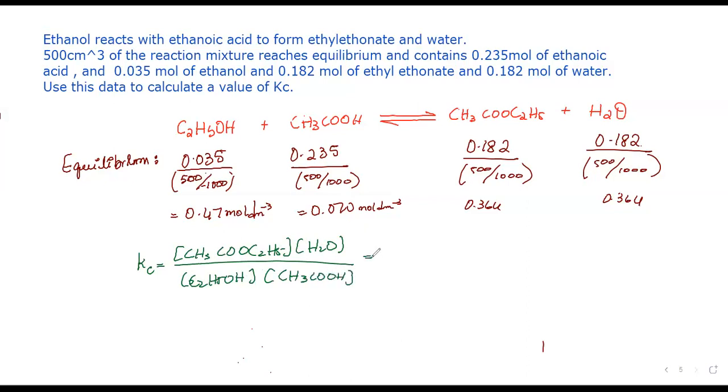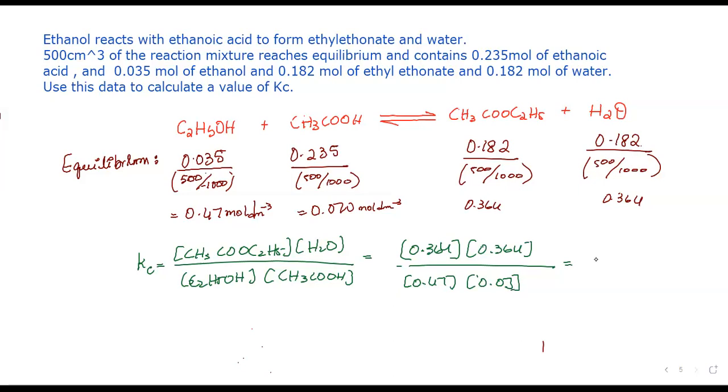Write down all the values that we have just calculated: 0.364 multiplied by 0.364 divided by 0.47 multiplied by 0.07. When you put all the calculations in, your final answer is going to come out as 4.03.